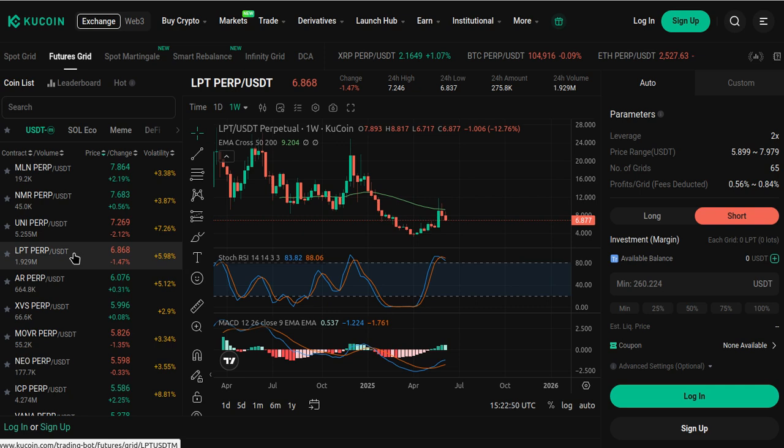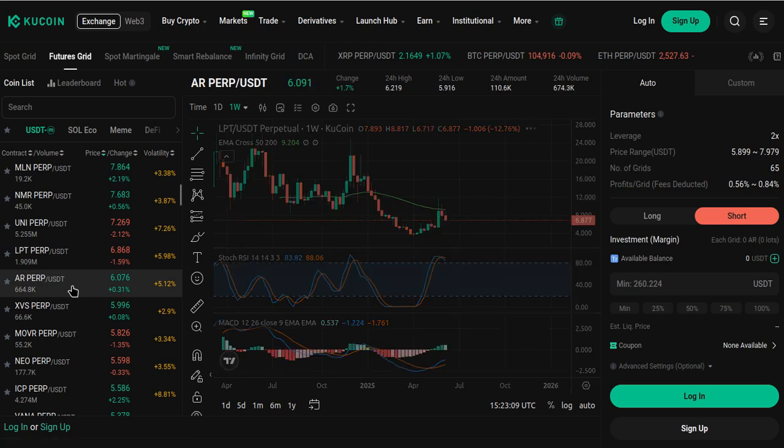There's the bullish engulfing and bearish engulfing as well, and the bullish harami and the bearish harami. So my focus is on the harami, and also the moving averages.